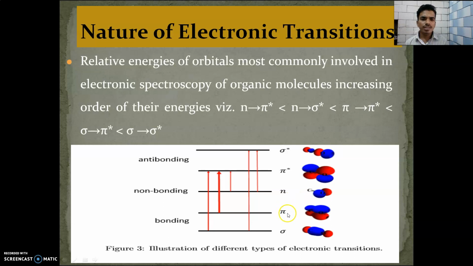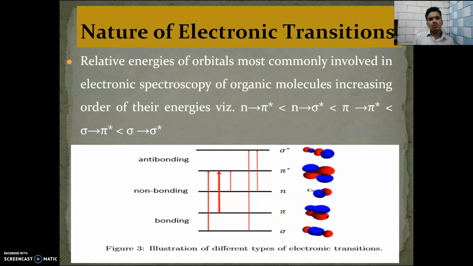If you consider pi, it is specifically a double bond containing compound, it is a bonding orbital, and that is excited to pi star. So this is pi to pi star.